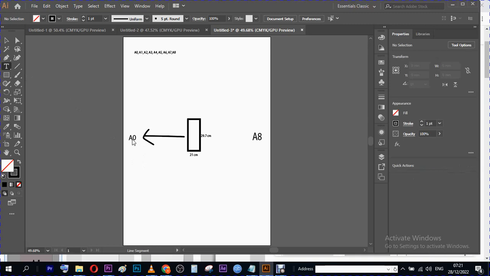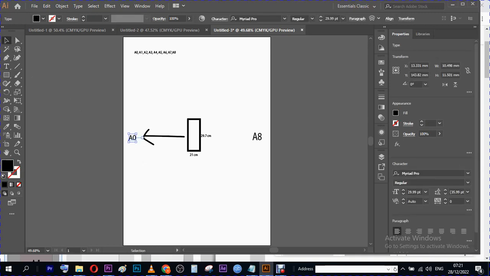So just put increase. When you're coming from an A4 to A0, the size increases. This means that an A0 is bigger than an A1 and an A1 is bigger than an A2.